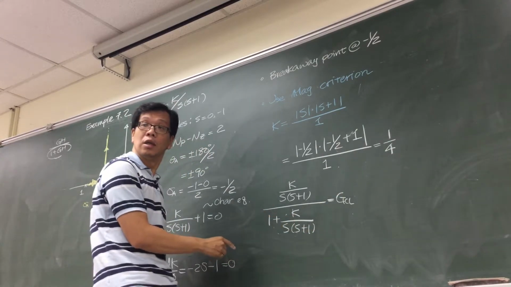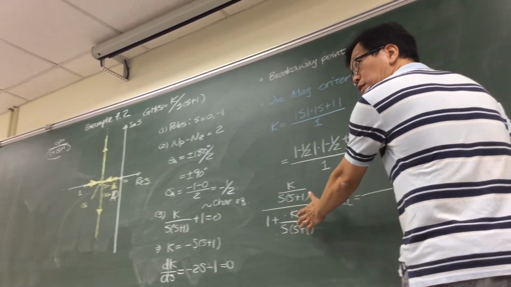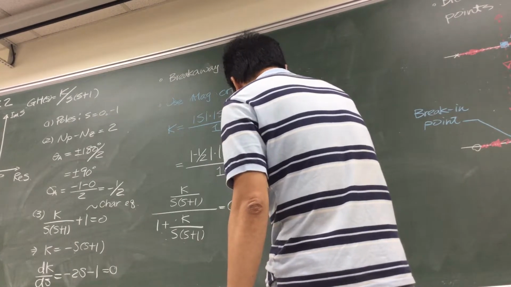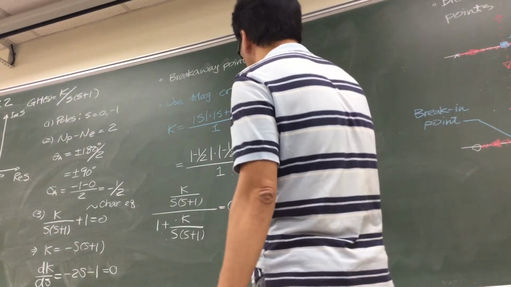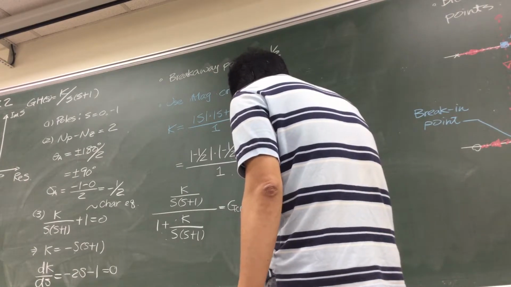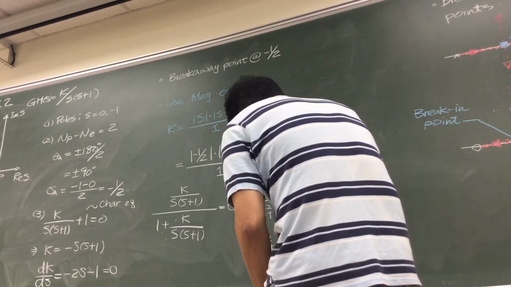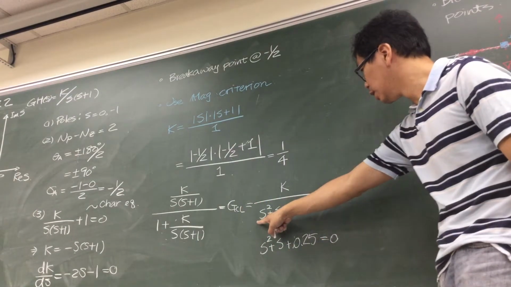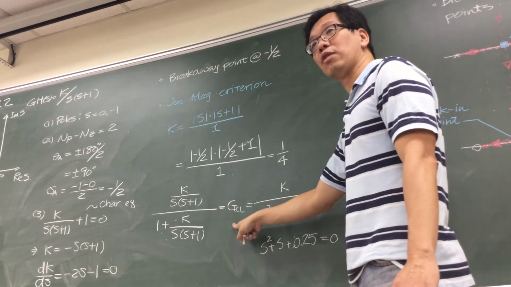right? So if I simplify the transfer function over here, I'm going to have k over s squared plus s plus k. So if I say my k is 1/4, that is going to be my polynomial for the denominator of my closed loop transfer function.